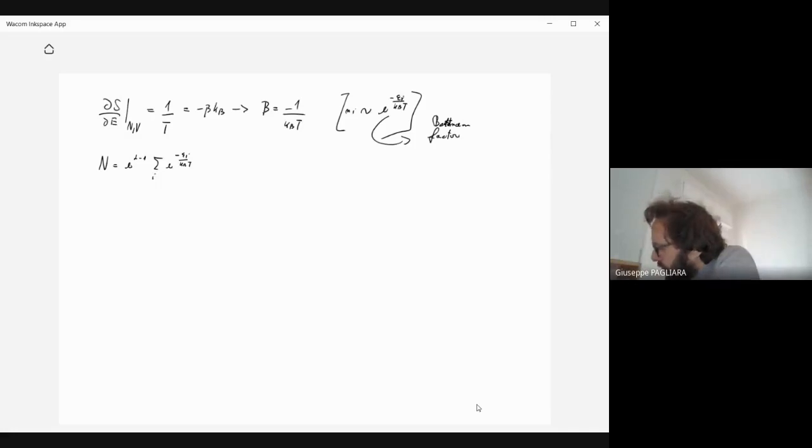And Ni is e to the alpha minus 1 e to the minus epsilon i over kBT.